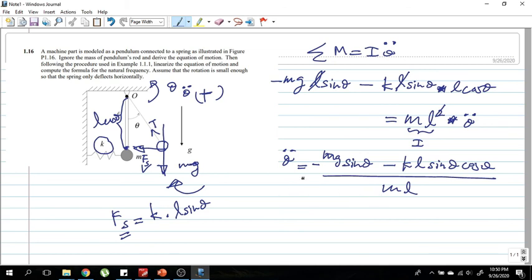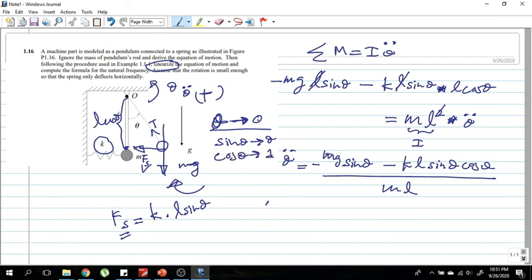Okay, now we have been asked to linearize this equation, and they've asked us to assume that the rotation is small enough so that the spring only deflects horizontally. When theta is so small, when it is closer to 0, we can assume that the spring only deflects horizontally. Okay. When theta is going to 0, we can take sine theta as theta, and cos theta goes to 1.